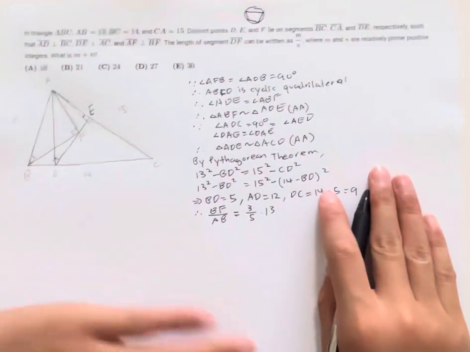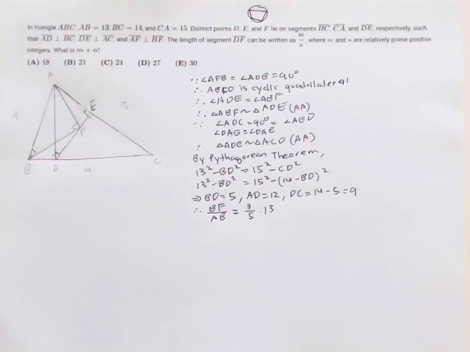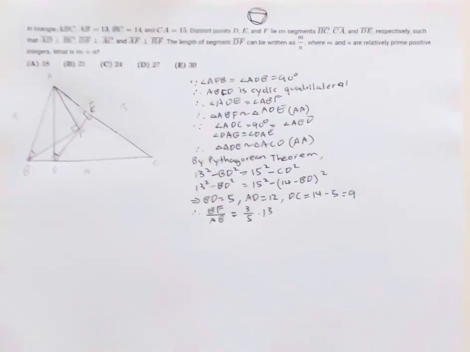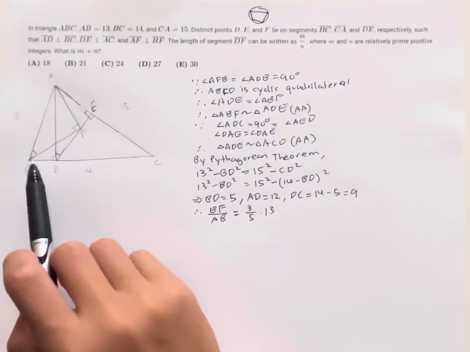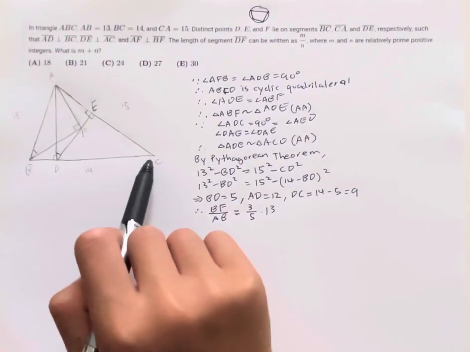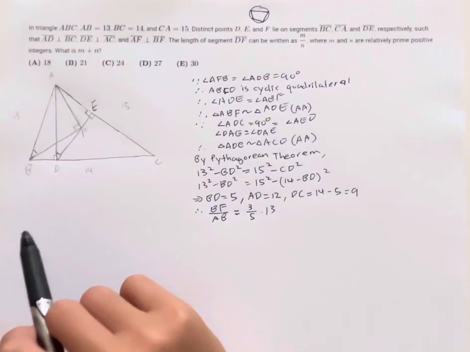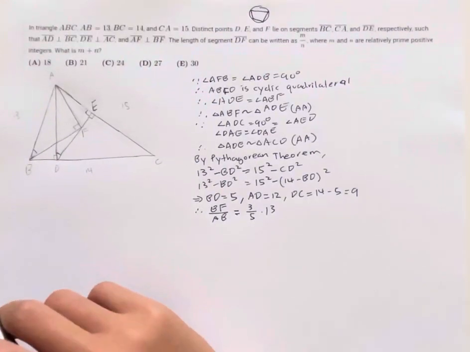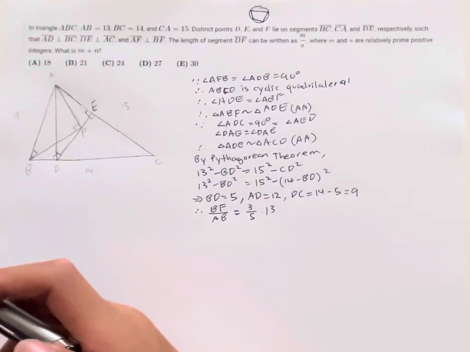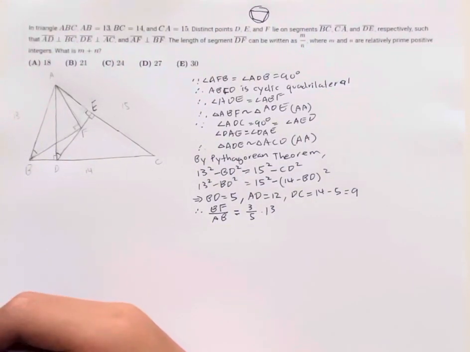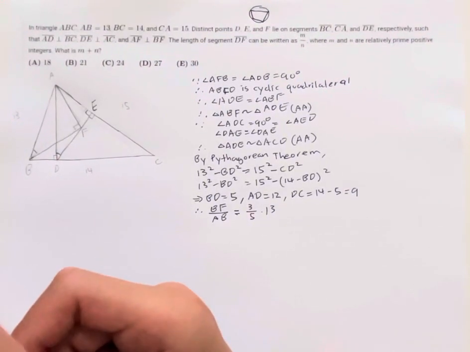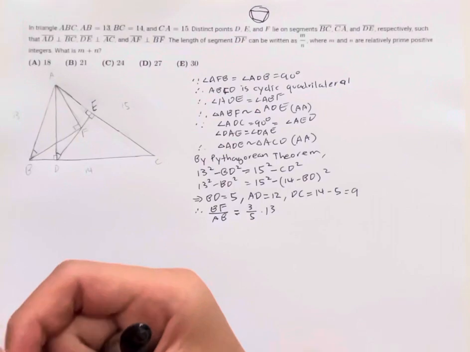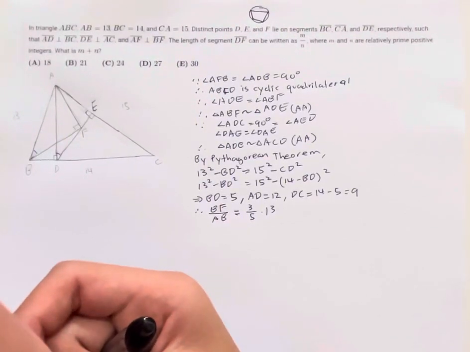Wait, I'll adjust the paper a bit. Because I just told you that since BD equals 5, DC equals 9. And then we know that BF over AB, by similar triangles, will equal DE to AD.